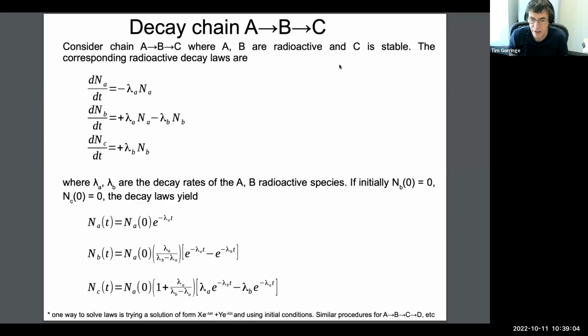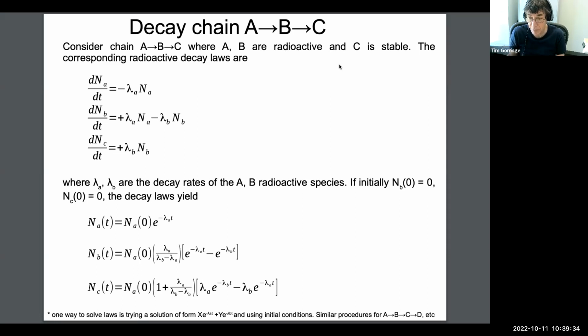On this slide, I just want to show you the equations that describe a radioactive decay chain that consists of a radioactive nucleus A decaying to a radioactive nucleus B, and then that radioactive nucleus B decaying to a stable nucleus C. So a chain that we could describe as A to B to C. That's a radioactive decay chain.